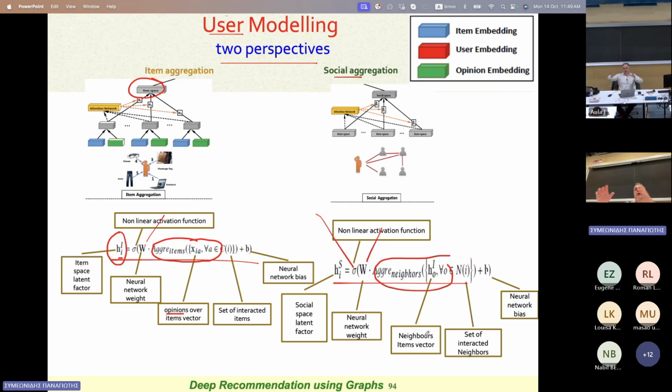So in essence, you have a user, and for this user, you go to the neighborhood of this user, the neighbors of this user, and you take their ratings and you infer a rating for the target user based on the ratings of the neighbor users over the item.